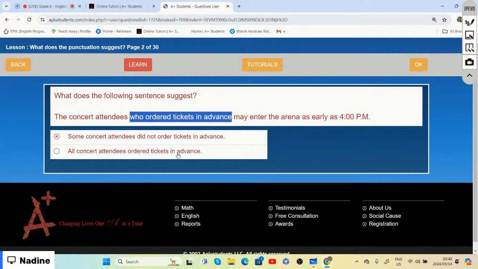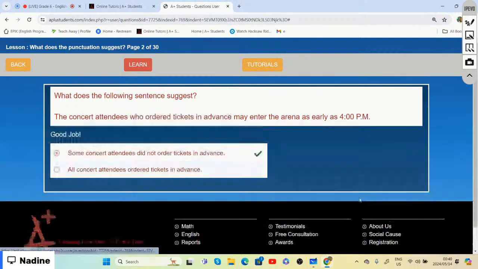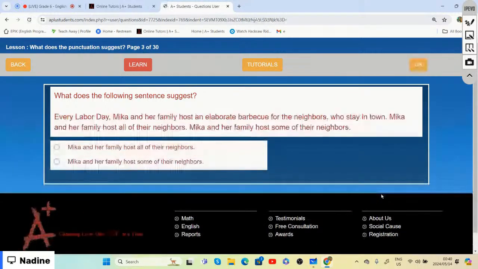But it means that only some of the concert attendees did not order tickets in advance, which means that they cannot enter the arena as early as 4 p.m. Right? So well done. So option one is correct.